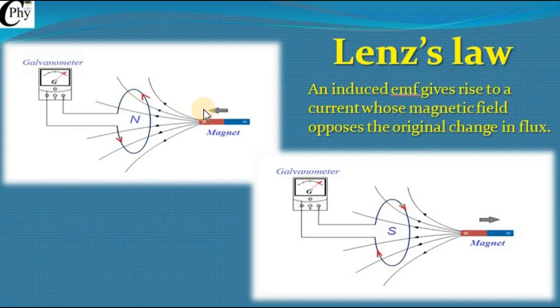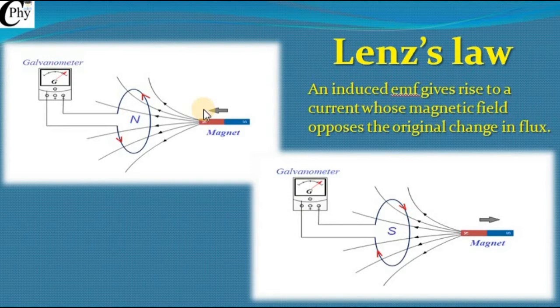So, in order to oppose this change of flux, a current will be induced in the coil in such a direction that the magnetic field produced by this current opposes the original change of flux. Therefore, in this case, the direction of the current will be counterclockwise such that a north pole will form on the surface of the coil which is facing the north pole of the bar magnet.